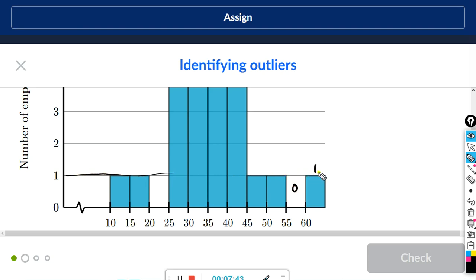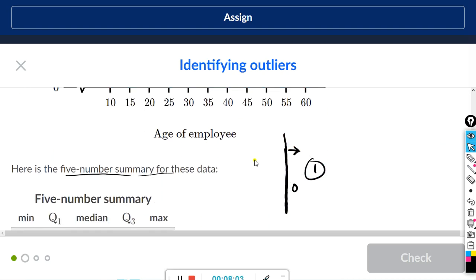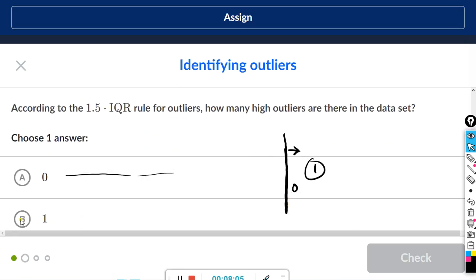You see that? That's just 1. So this right here would be the only outlier. We're looking for the ones greater than 55.5, so anything from here to the right. So just 1.